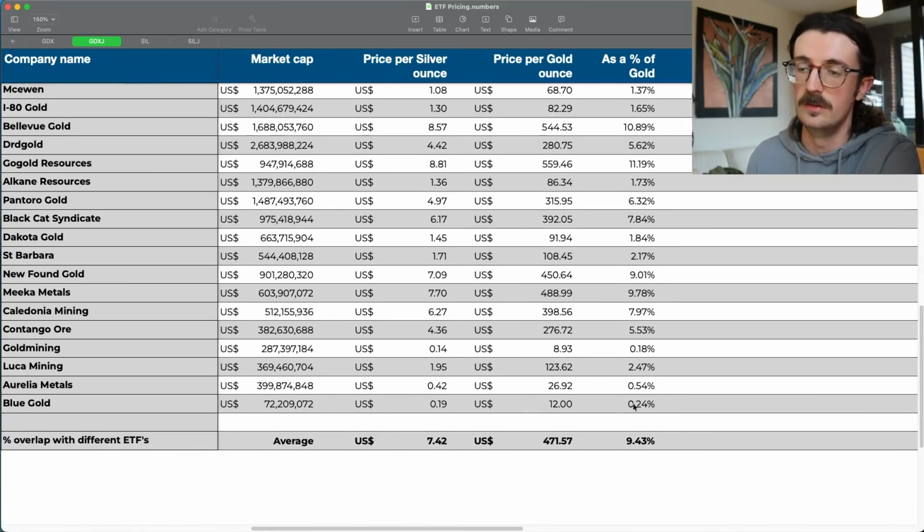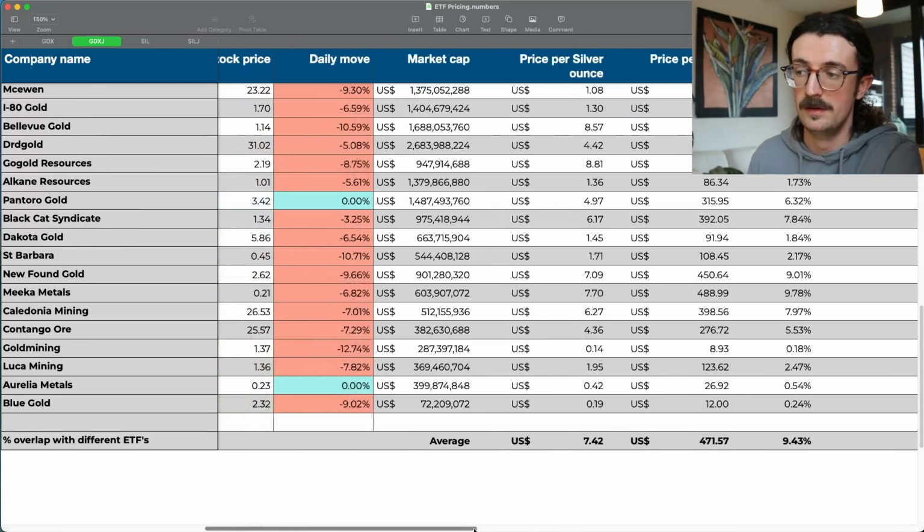You can see that the GDXJ is a little bit cheaper than the GDX. It's 9.4%. So the resources in the GDXJ are valued lower than the resources in the GDX, where the GDX was valued at about 13% of the resource value. The GDXJ is valued at about 9.4%.